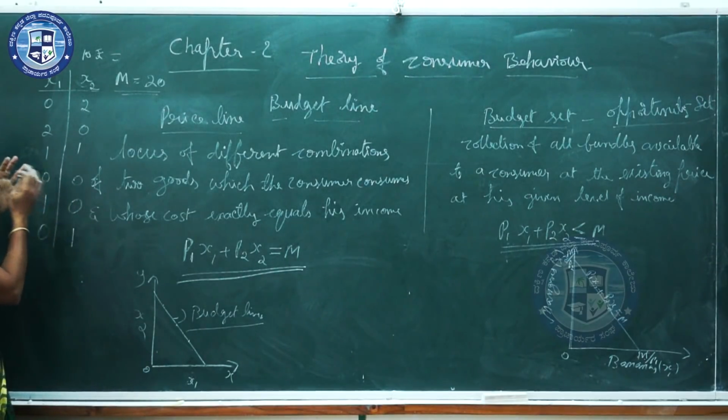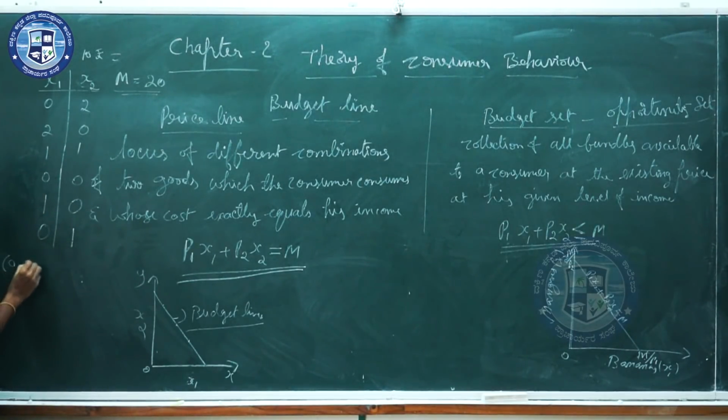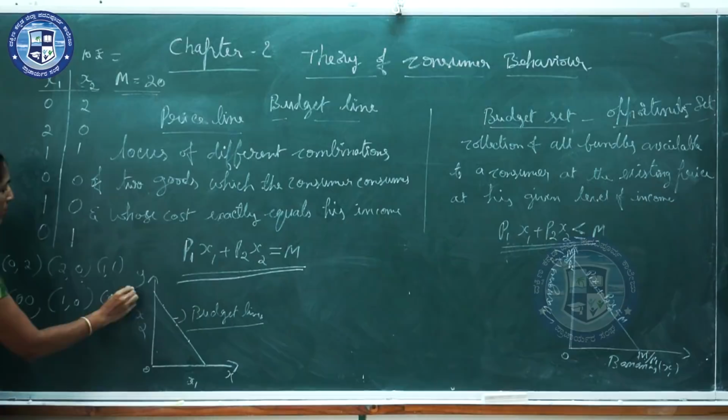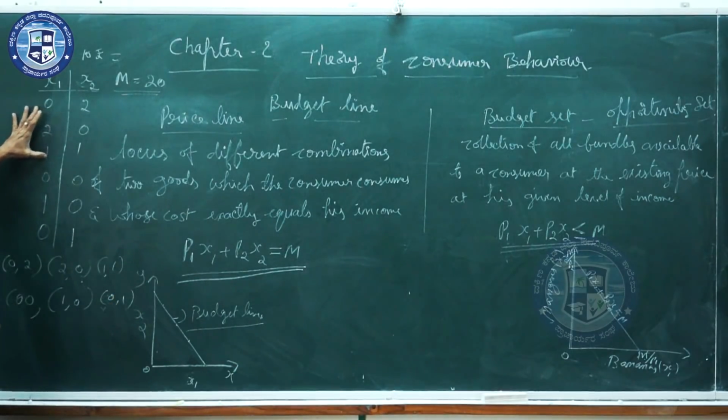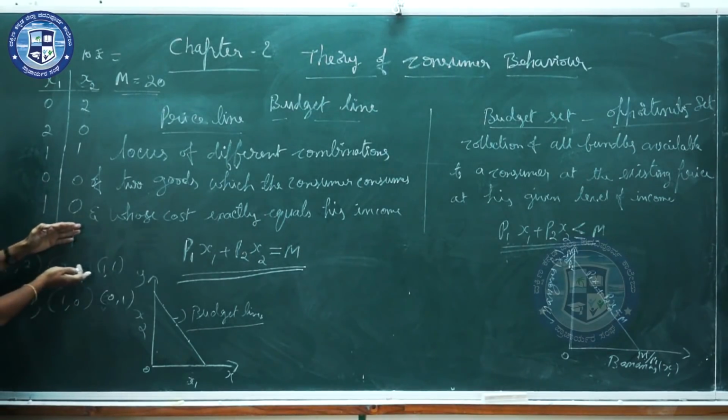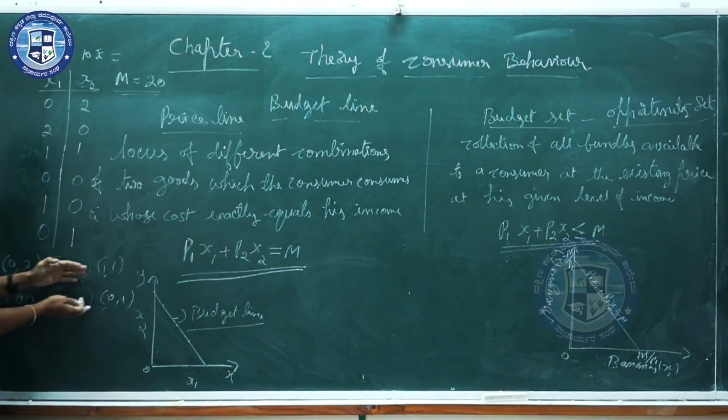So we get a bundle of combinations. We can write 0, 2 and 2, 0, then 1, 1, then 0, 0, then 1, 0, then 0, 1. Other than these three bundles, the consumer can purchase the two commodities in other combinations too.